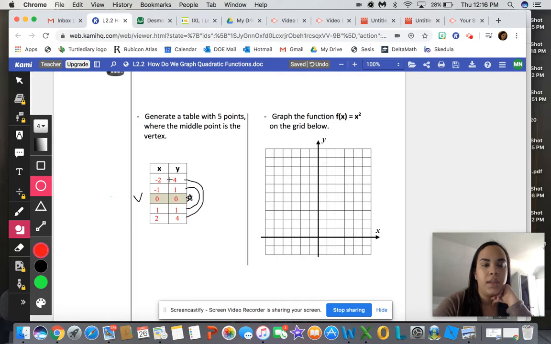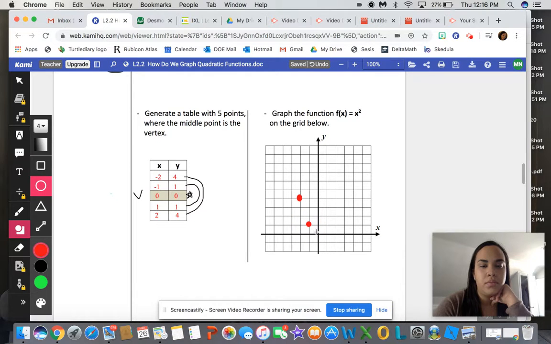I'm going to graph -2, 4, then -1, 1, 0, 0, which is my vertex, and then 1, 1, and 2, 4. There you go.